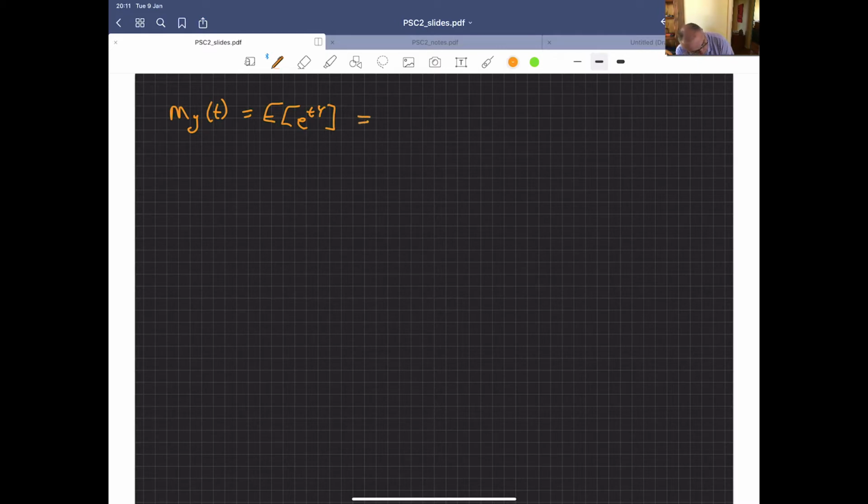Well, because it's discrete, we will sum over all possible values. So because it's Poisson, it goes from 0 to infinity. We write the function, e to the tY. And then we're going to write the probability mass function, which in this case is e to the minus lambda, lambda to the y, over y factorial.